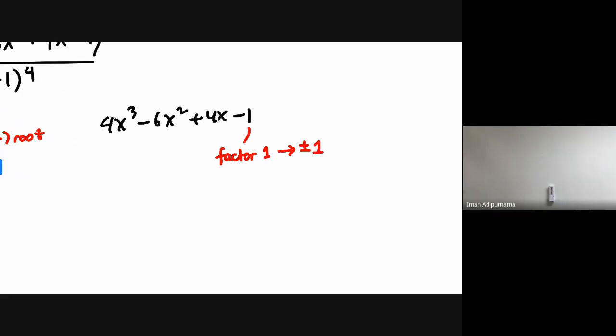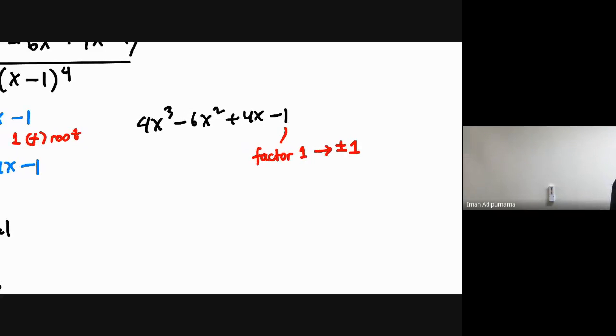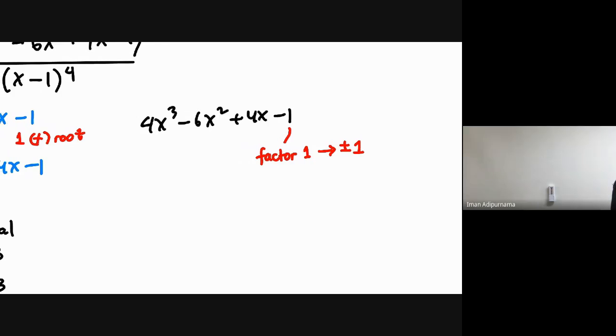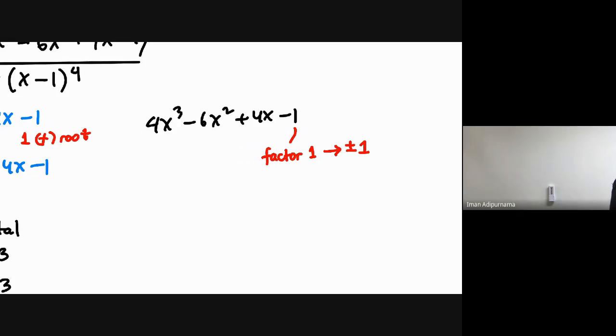Any number that when you multiply, it will be 1. And then the factors of 4 will have positive, negative 1, you will have at least 3, so 1, 4, 2, and it can be plus minus.